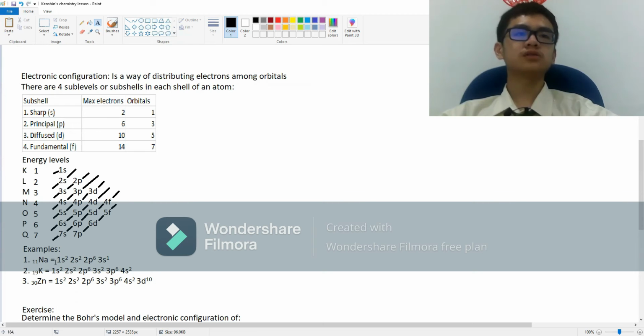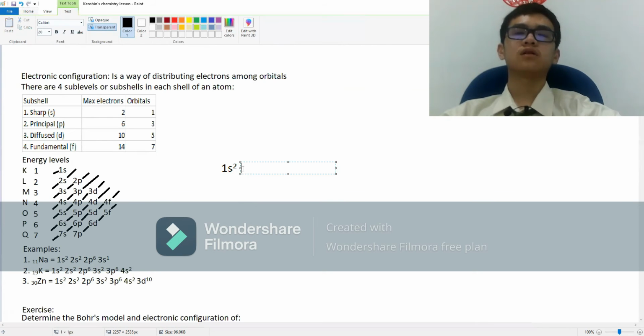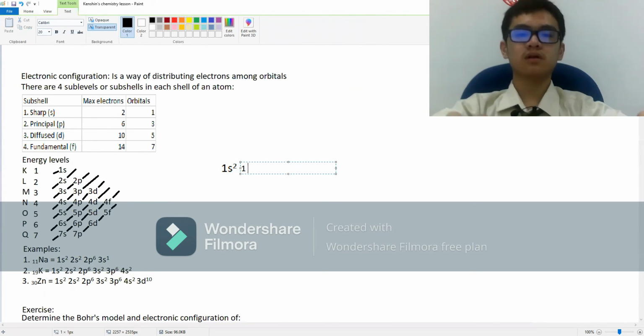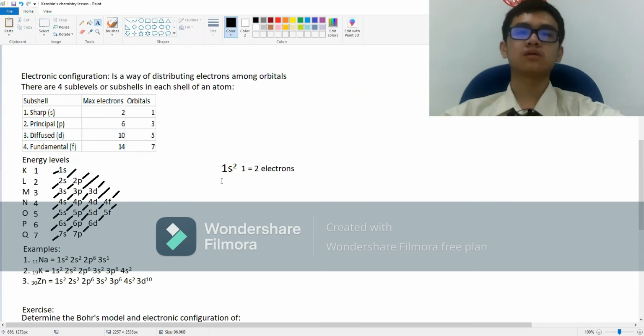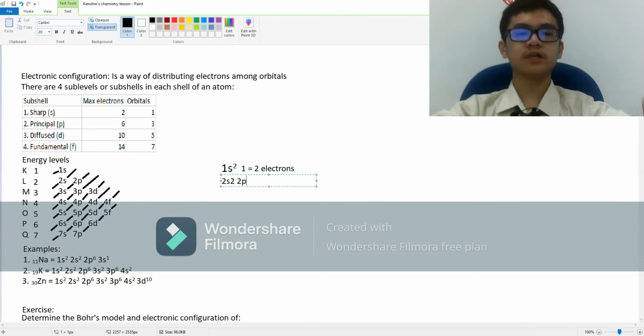So now you know the electronic configuration, but how does that convert into the Bohr's model? Well, you see, look at this. 1s2, all right? So here, 1s2 means that on the first shell, there are 2 electrons. Then you get to 2s2 and 2p6.